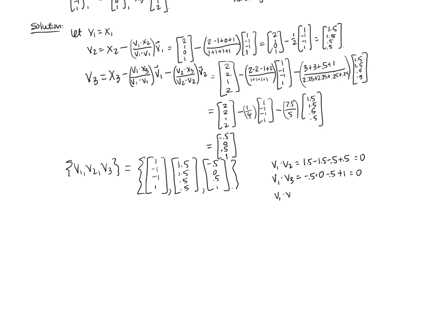If I do v3 dot v2, I get negative 0.75 plus 0 plus 0.25 plus 0.5, and that gives me 0. So I can see that this basis is orthogonal. Any of those vectors dotted with each other gives us 0.